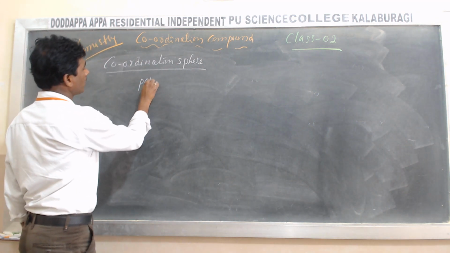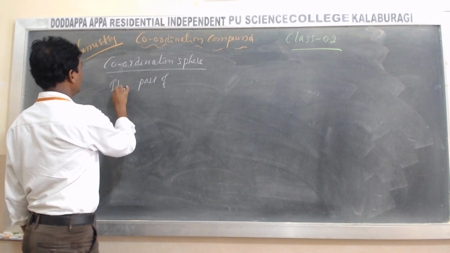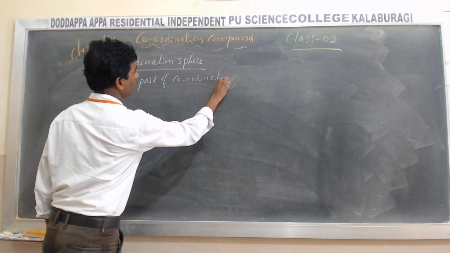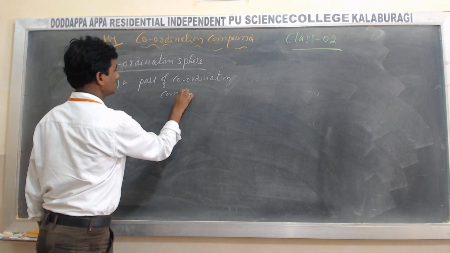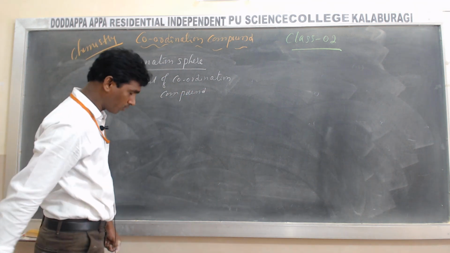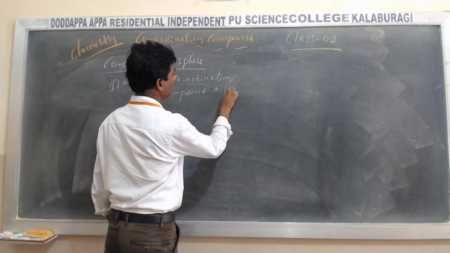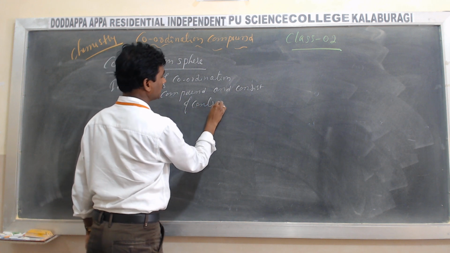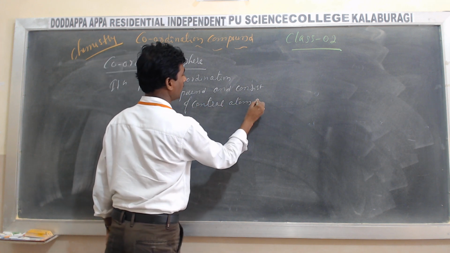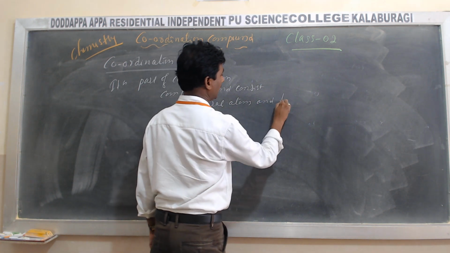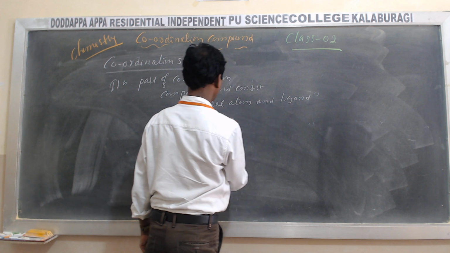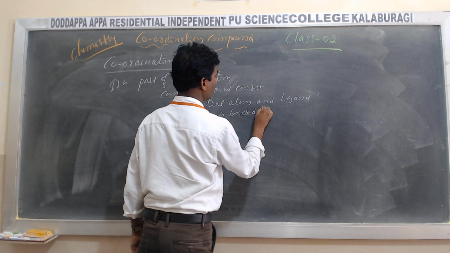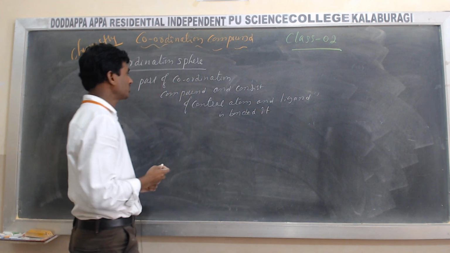It is a part of the coordination compound, and it consists of the central atom and the ligands bonded to it. Okay, what is the coordination sphere?